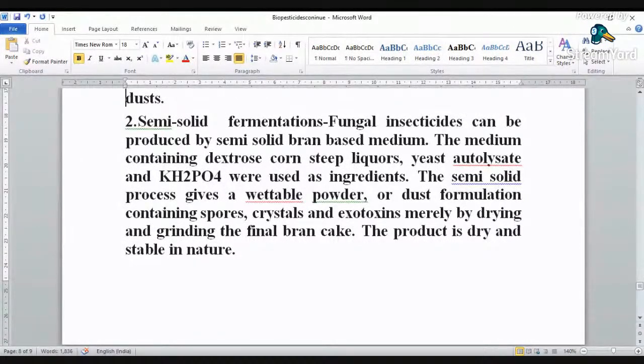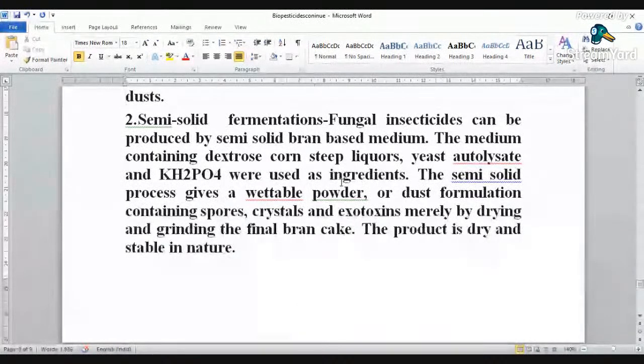So what is the composition of the medium? The medium contains dextrose, the main ingredient, a sugar; corn steep liquor, which is the waste liquor obtained after the steeping of corn. Whatever liquid waste remains after corn processing is the corn steep liquor. Yeast autolysate means yeast powder, and K2HPO4. These are the ingredients of the semi solid fermentation medium.